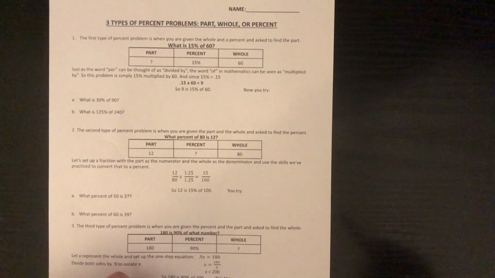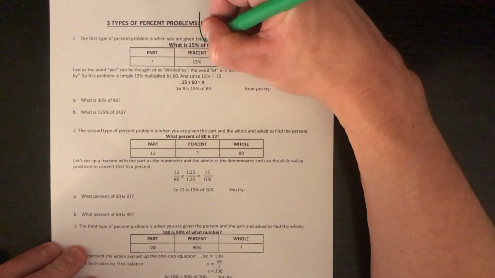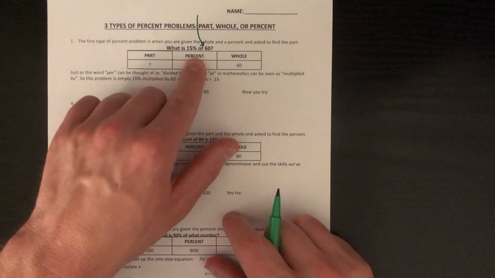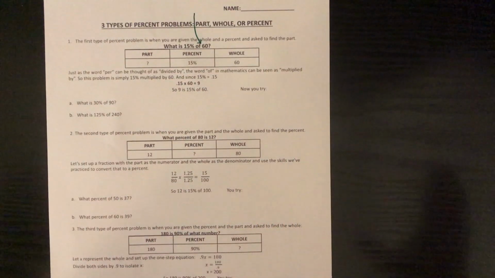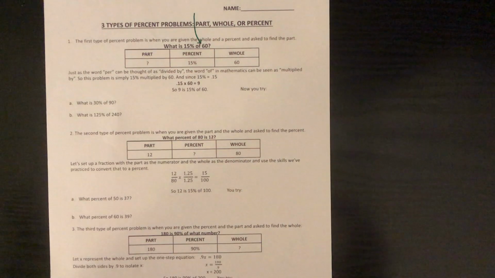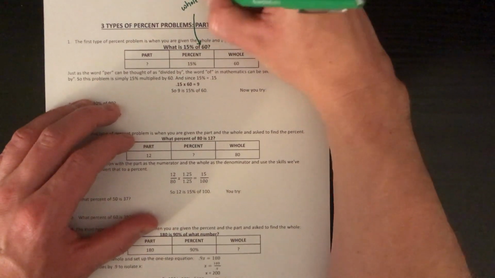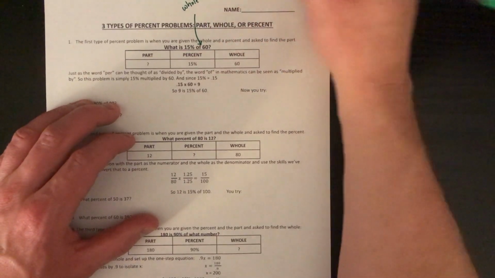When you're reading these word questions, one tip to always remember, if you're trying to figure out what's the whole and what's the part: the percent is usually easy to identify because it literally has a percent sign. But sometimes it could be hard to figure out whether this other number in the question is the part or the whole. Well, the thing that we consider the whole always comes after the word "of." I'm going to say always, but watch there be one case where this isn't true.